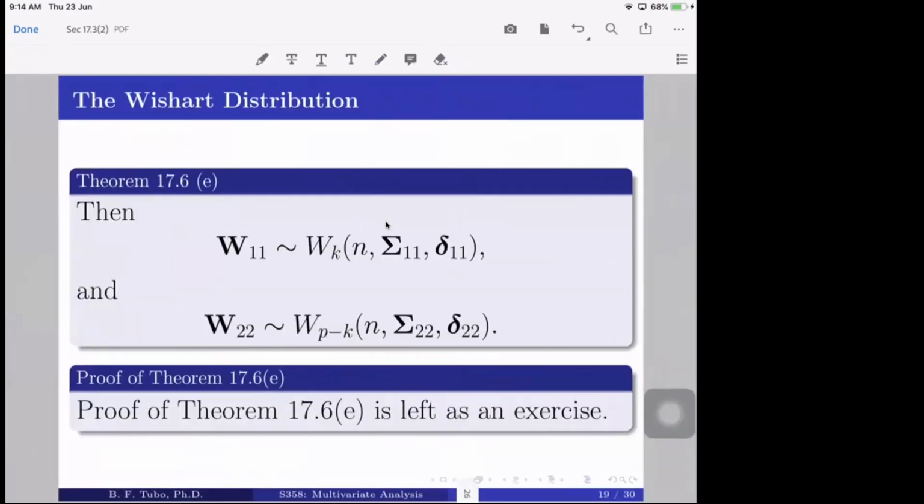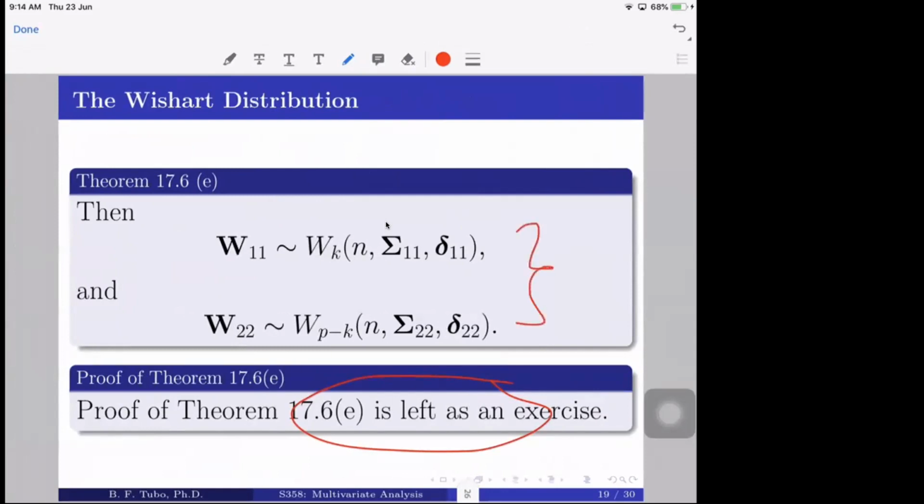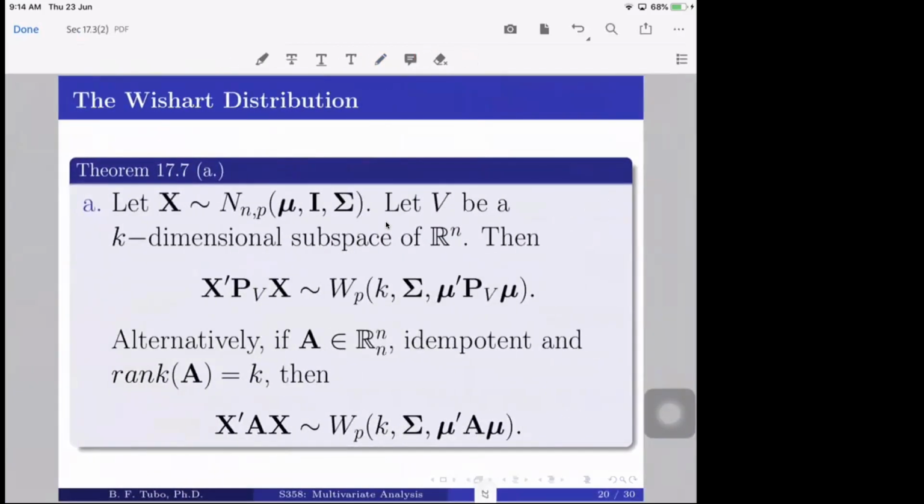I will leave the proof of this to you. I do not know if the notes have a detailed proof. Anyway, this is similar to what we have done in the univariate case, so you just look into it for the chi-square.